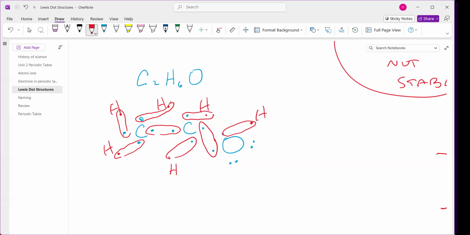All right, the last step is just to put in the lines where the bonds are. So we've got a carbon to carbon bond. And then the left-hand carbon is bonded to 3 hydrogens. The right-hand carbon is bonded to oxygen.